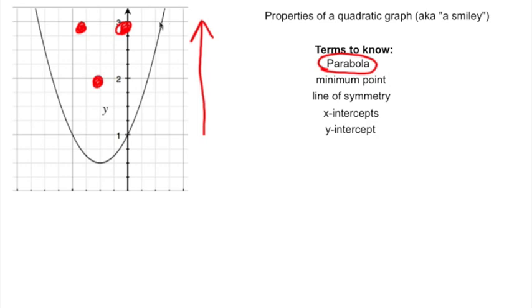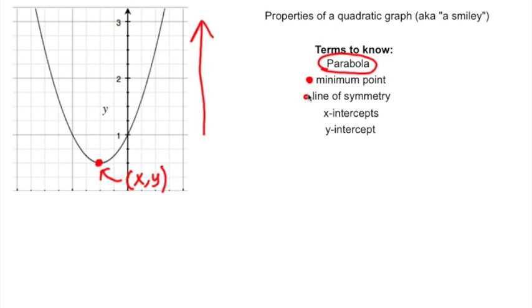Now, parabolas have specific terms, specific points that help identify the parabola itself. In this case, when a parabola opens upward, it has a minimum point. That minimum point is the lowest point of the parabola. It's usually referred to by its xy coordinate.